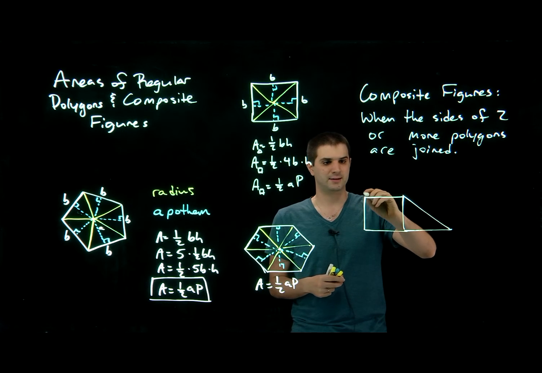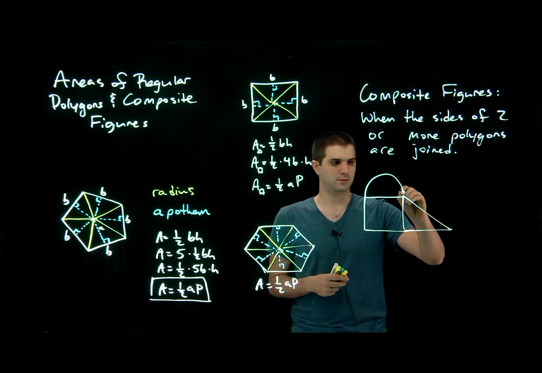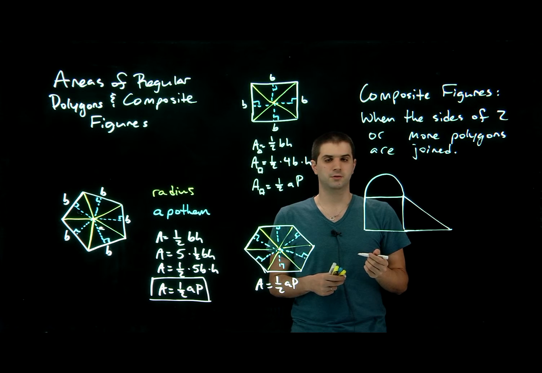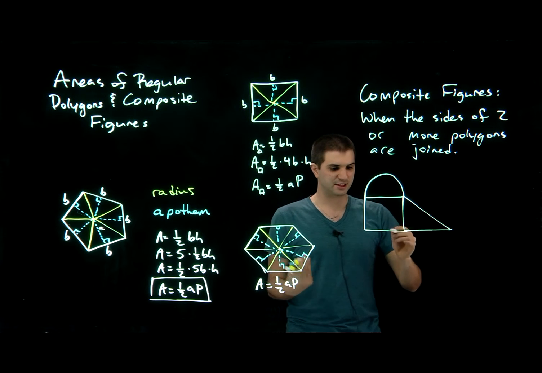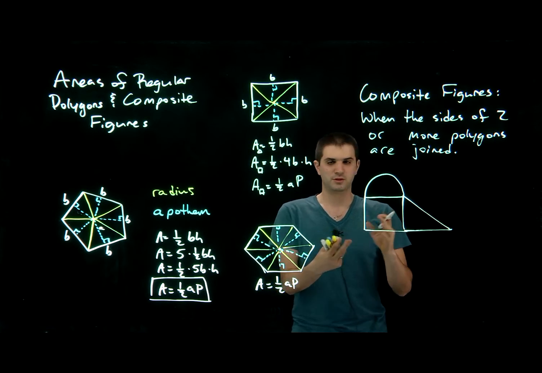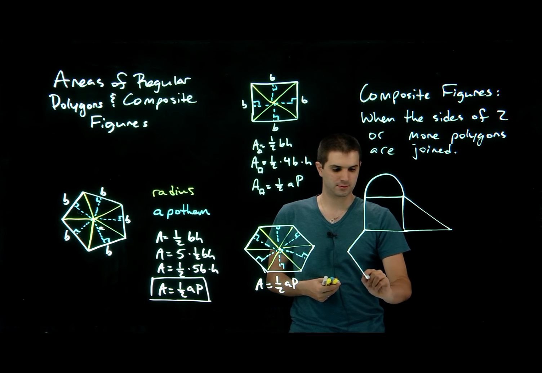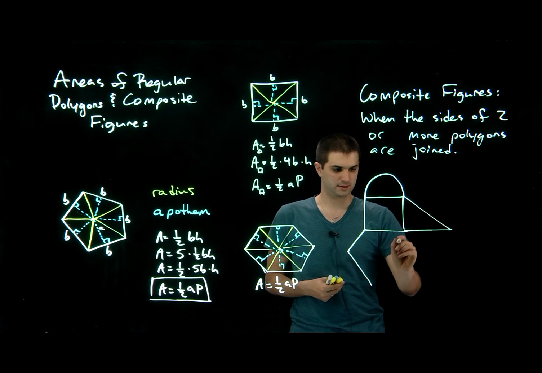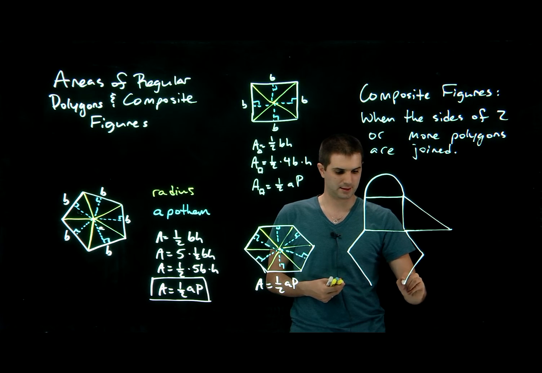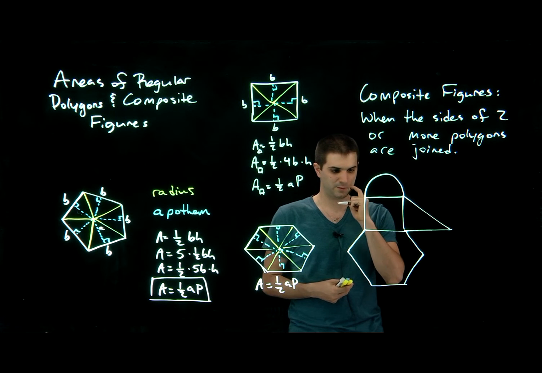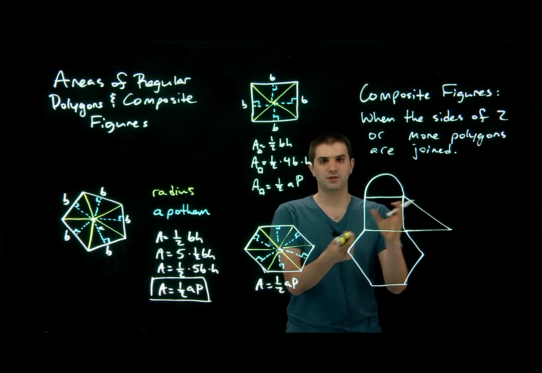So imagine if you had a semicircle here. Any sort of additional shape to this, you would just add up. We could put a pentagon down here. Maybe we'll put a hexagon.